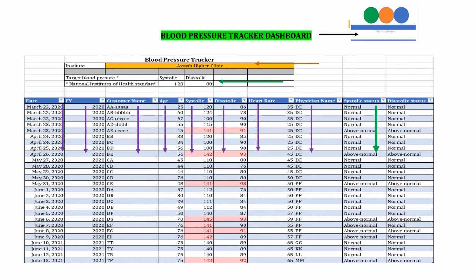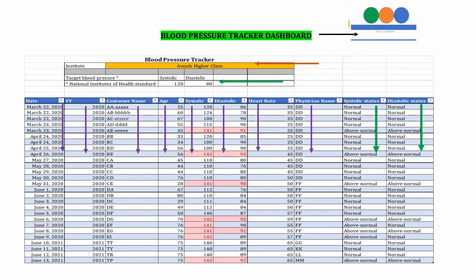status for both the systolic and diastolic will be automatically updated. And in the systolic and diastolic, you can see the red colors, which are automatically populated when the numbers are above the standards.